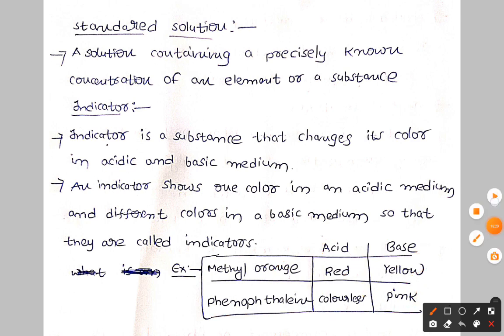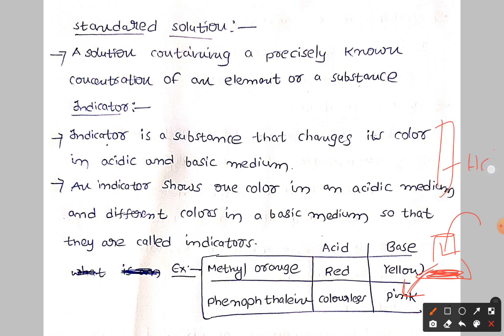In our experiment we are taking sodium hydroxide in the conical flask. You add phenolphthalein indicator, so immediately your solution turns pink. Then during titration we add the HCl drop by drop.